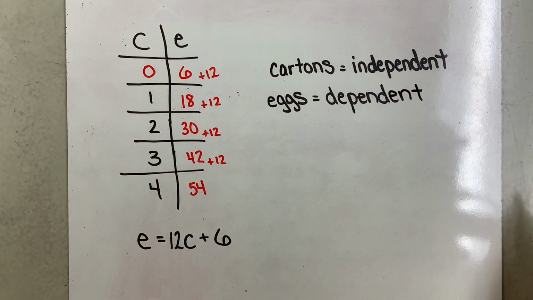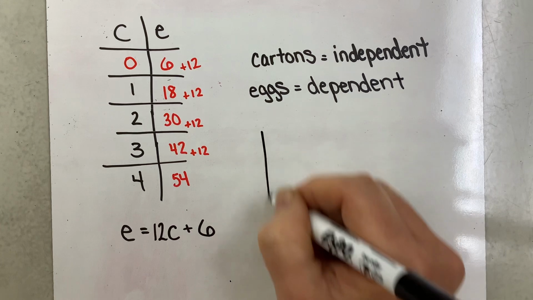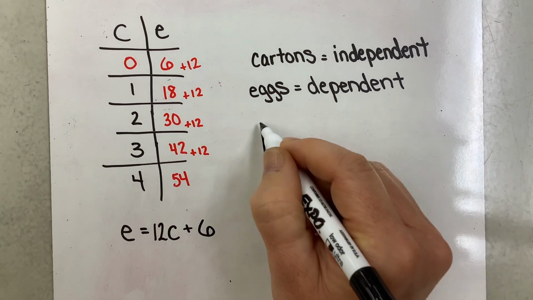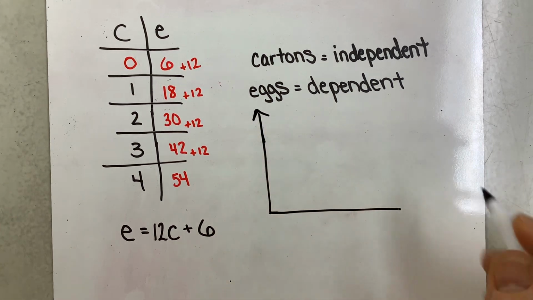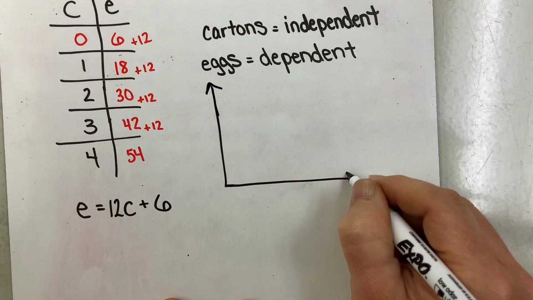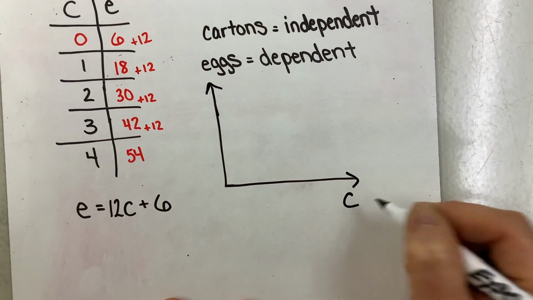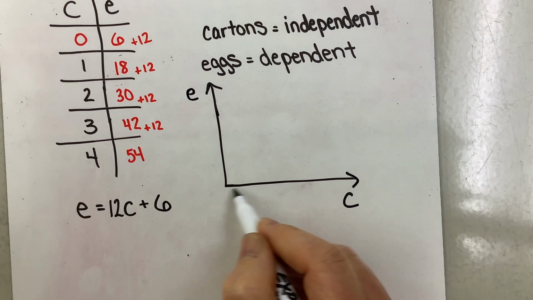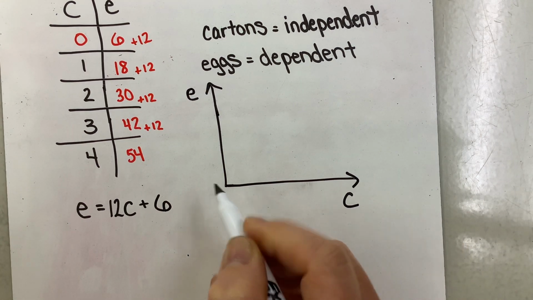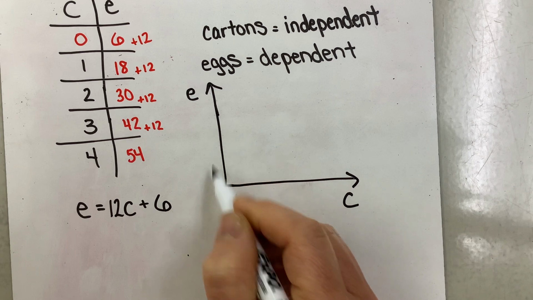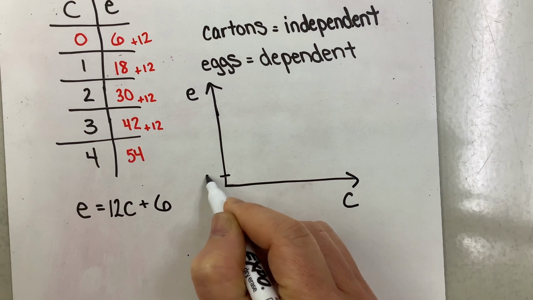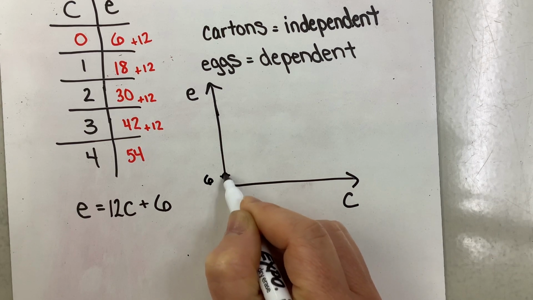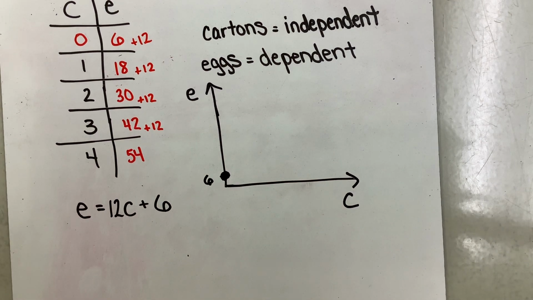Okay? Now, we could graph this, and I'm just going to sketch it really quick. I'm not actually going to graph this nicely. My cartons is going to go down here, and my eggs are going to go up here. So when I have 0 cartons, I'm not starting at 0 on the eggs. Instead, I'm starting at 6 because I already have 6 eggs that have been left over.